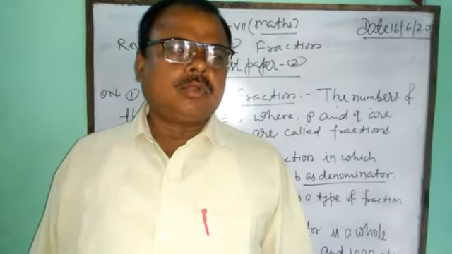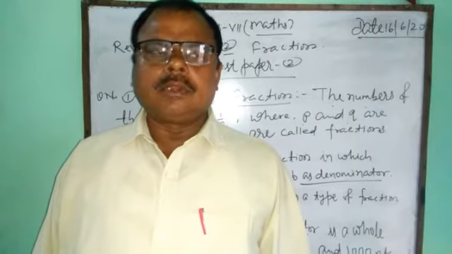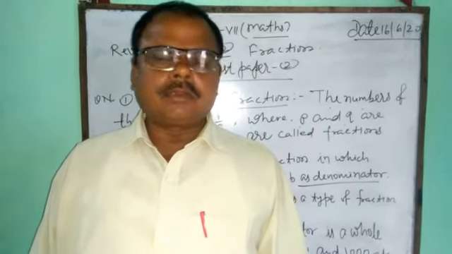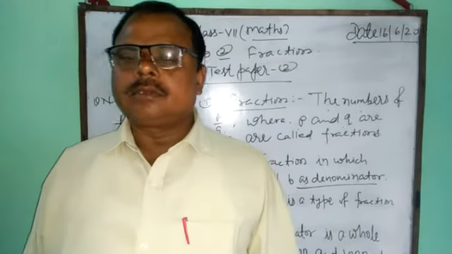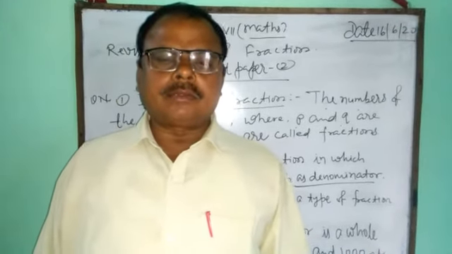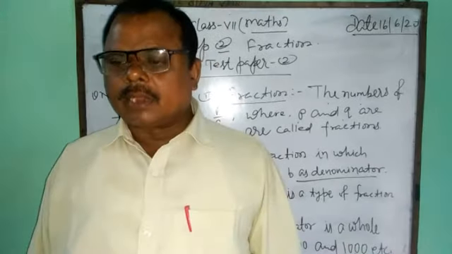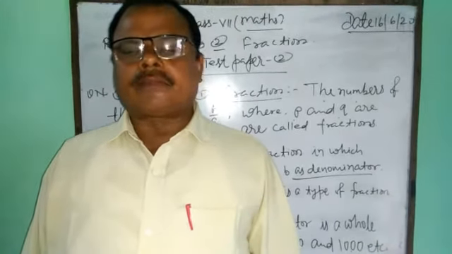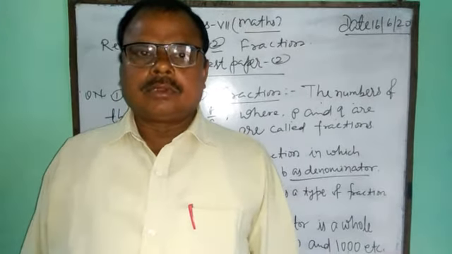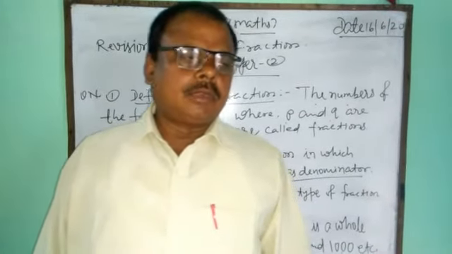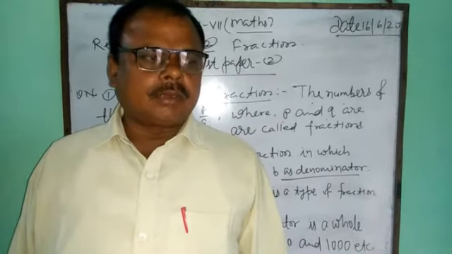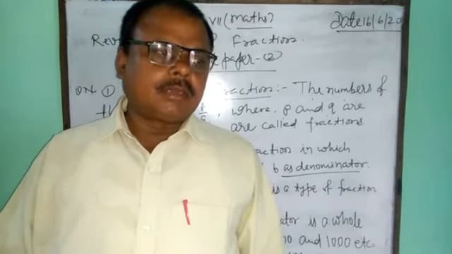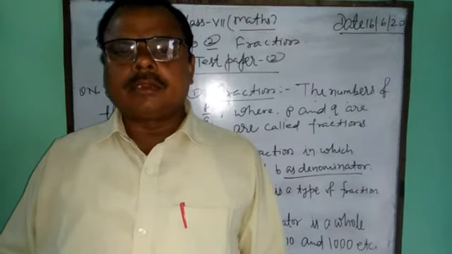Students, you know various types of fraction such as proper fraction, improper fraction, mixed fraction, equivalent fraction, like fraction, unlike fraction. So we define proper fraction, a type of fraction in which the numerator is less than the denominator.